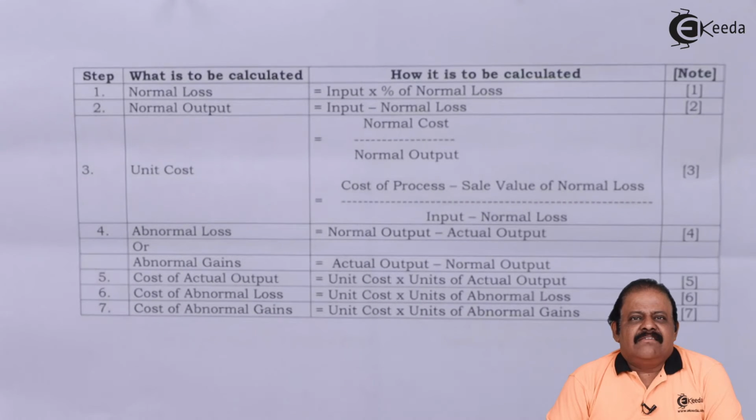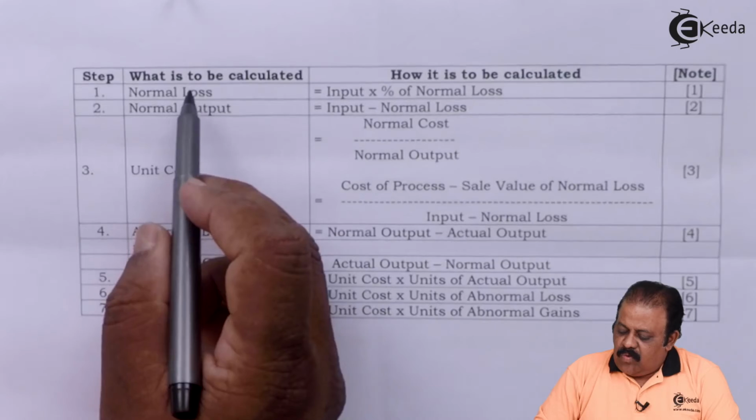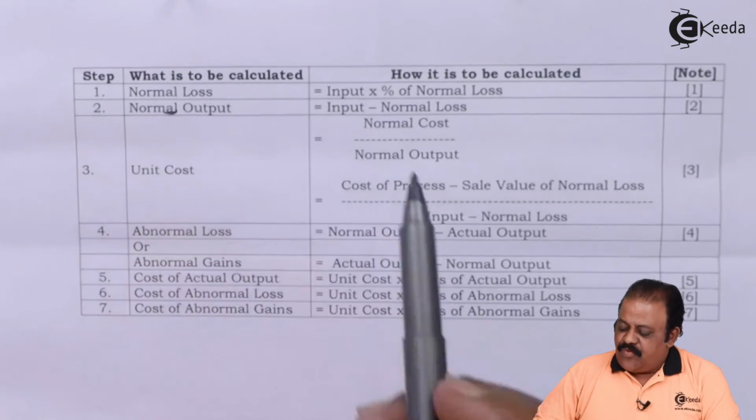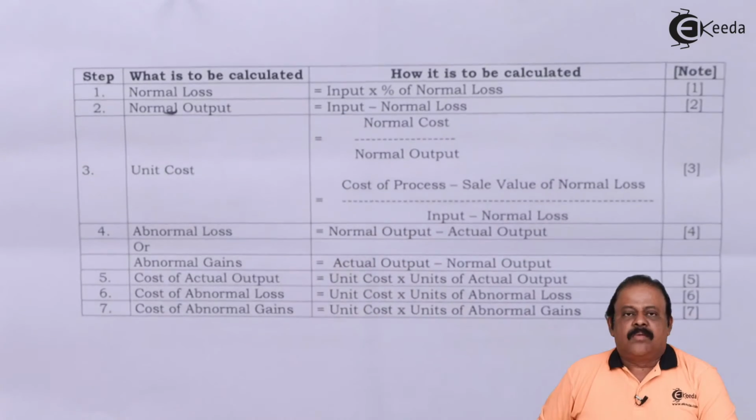Let us understand the various elements we may require to calculate in process costing after preparation of these 3 accounts: abnormal loss, normal loss and abnormal gain account. Here we have what is to be calculated. If suppose we want to calculate normal loss, the formula is input multiplied by normal loss percentage.